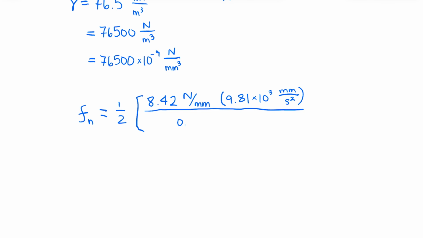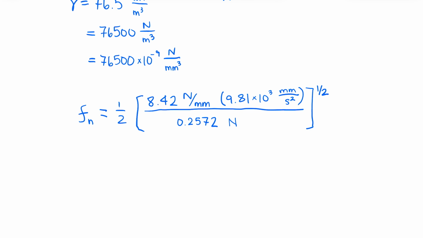This is just maybe a little bit quicker because we have units that are closer to 1 when we use units of millimeters and megapascals. So anyway, our weight was 0.2572 newtons. Okay, and this is to the 1/2 power.